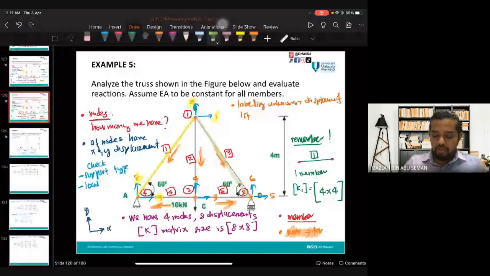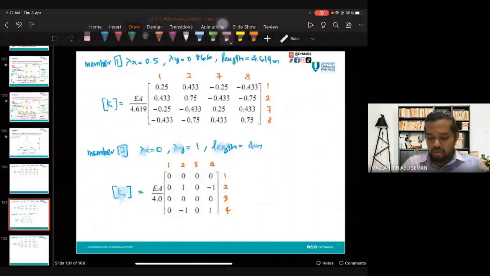So numbering for that one. Member 2, sorry, where is member 2? Okay, sorry, this is member 2. Numbering for that one is 1, 2, 3, 4.